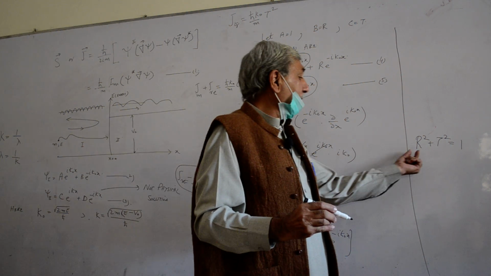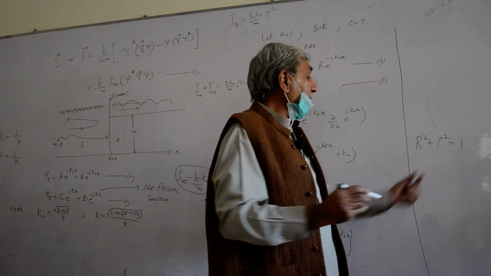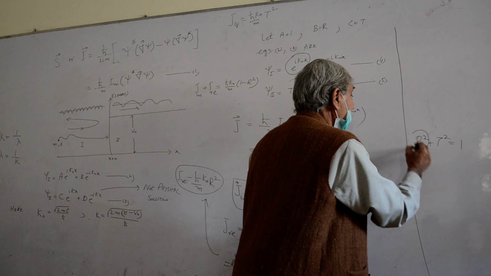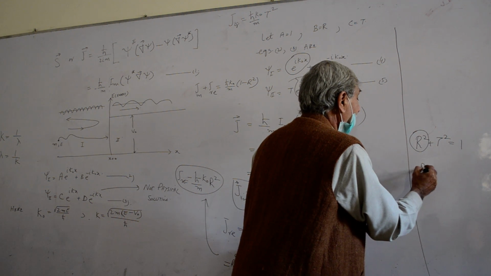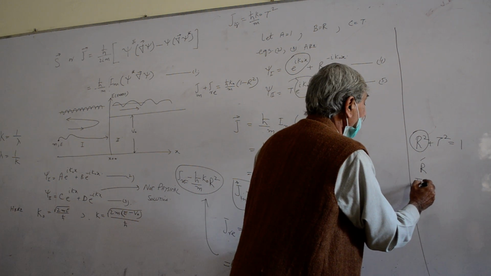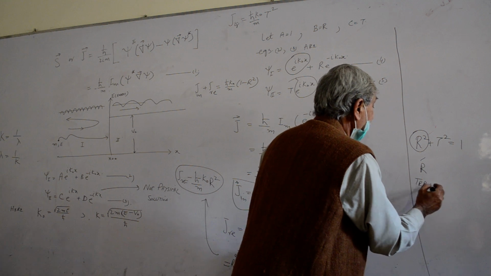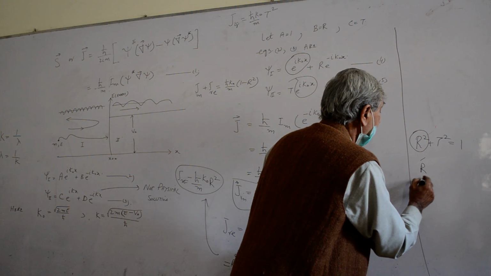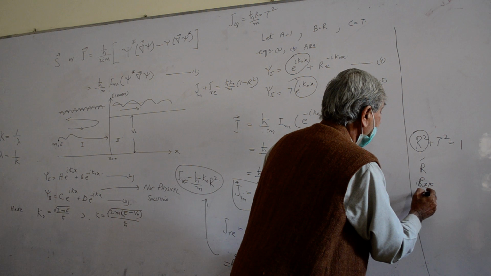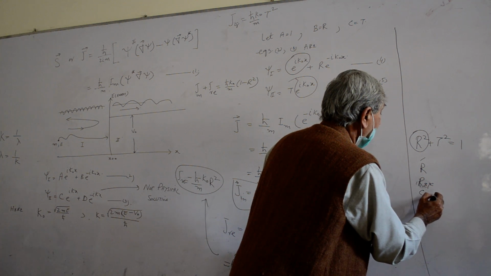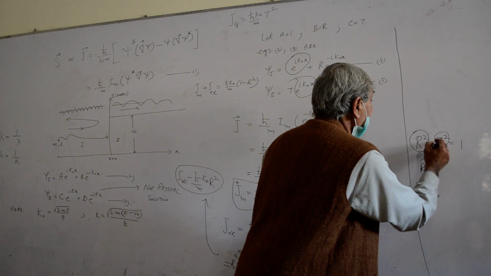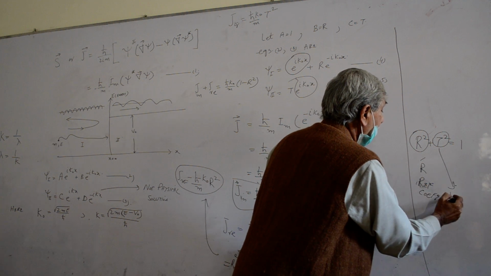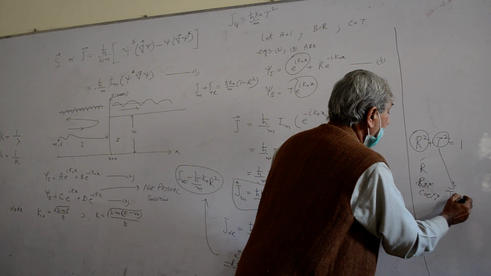That is square of this r, square of this t, and this r square is known as the reflection coefficient. And this t square is the transmission coefficient.